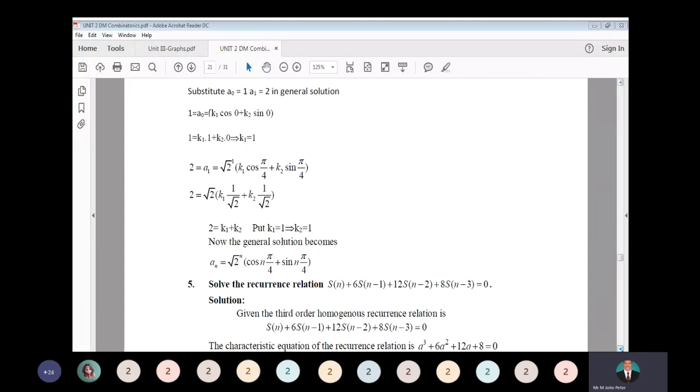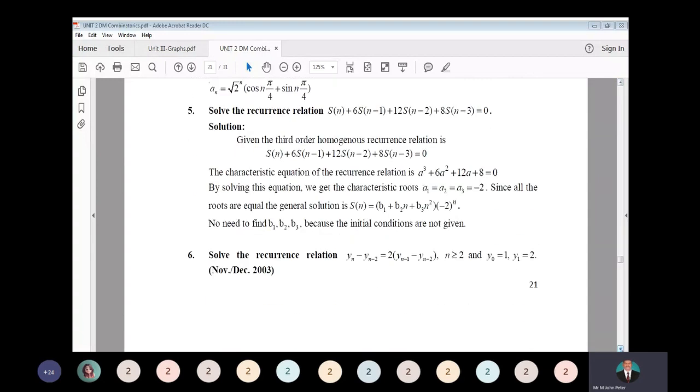Already we have k1 equal to 1, so substitute it, you will get k2 is equal to 1. So substitute all this in the general solution for the unknown values, that is a n is equal to root 2 power n into cos n pi by 4 plus sin n pi by 4.